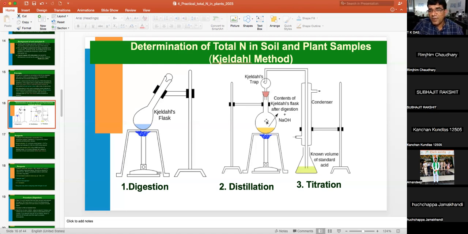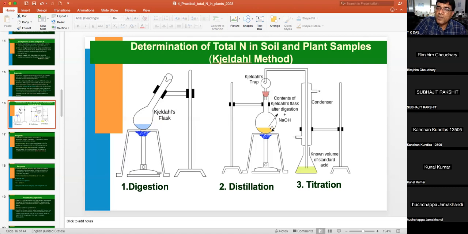I will check whether 120 ml or 150 ml is added. When you start heating it, ammonia will be liberated, because the sodium hydroxide will react with ammonium sulfate and ammonia will be released.